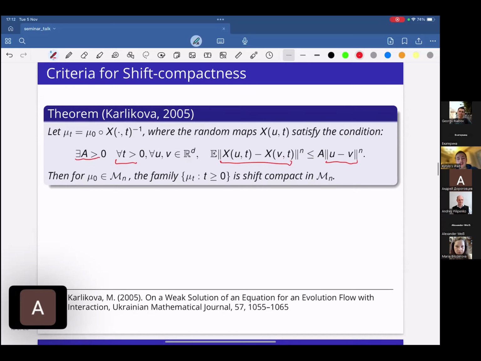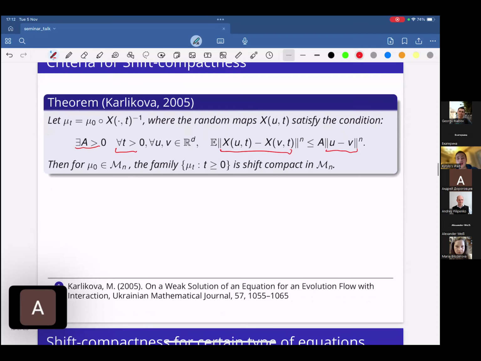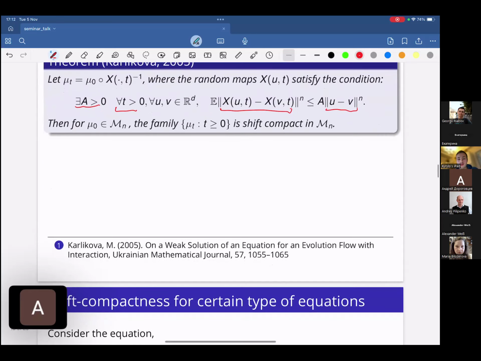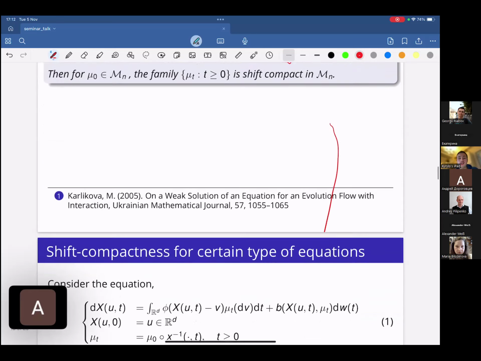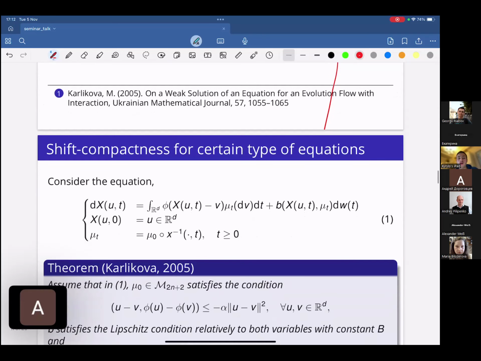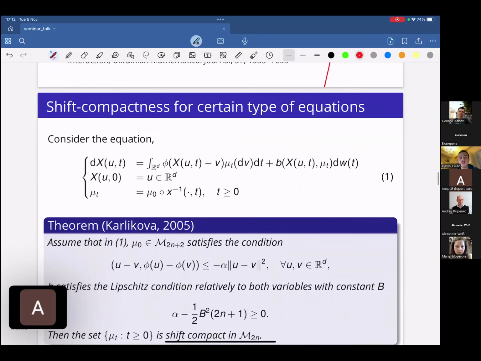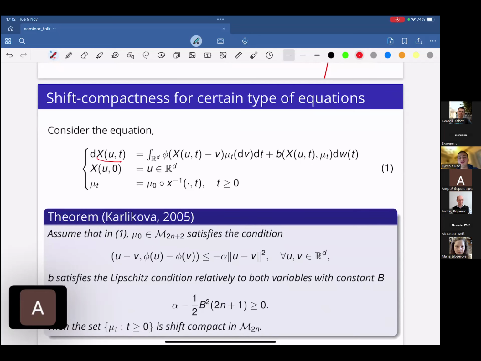And here we didn't mention the explicit form of our stochastic differential equation. We didn't apply any restrictions on coefficients, but from such a theorem we can actually get conditions for when x is governed by stochastic differential equations with interactions.